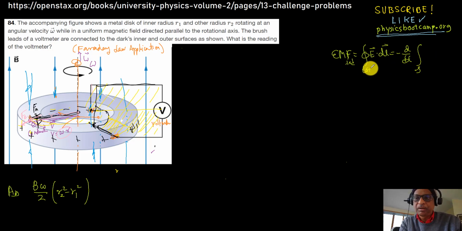So this is a loop, and this is the surface that bounds the loop, the surface that's attached to the loop. Okay, and this is B dot n hat dA, where dA is an element of that surface.